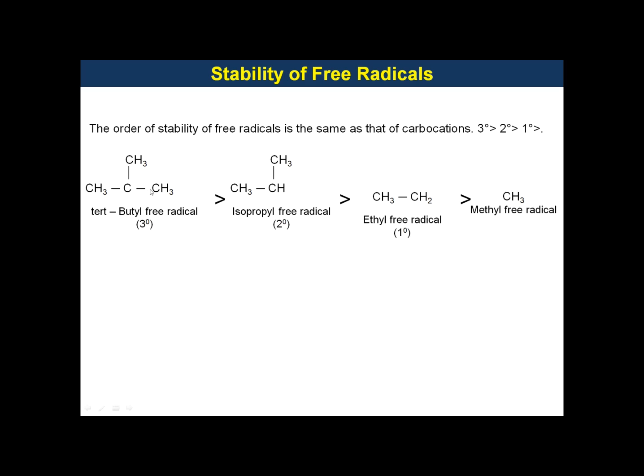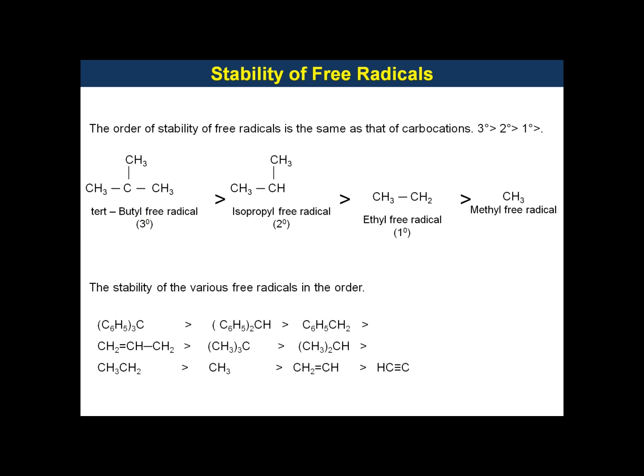Hence the order follows as shown here. Tertiary radical is most stable, then comes secondary, then comes primary, and methyl free radical is least stable. Similar to carbocation, here also we can explain the stability on the basis of hyperconjugation effect.